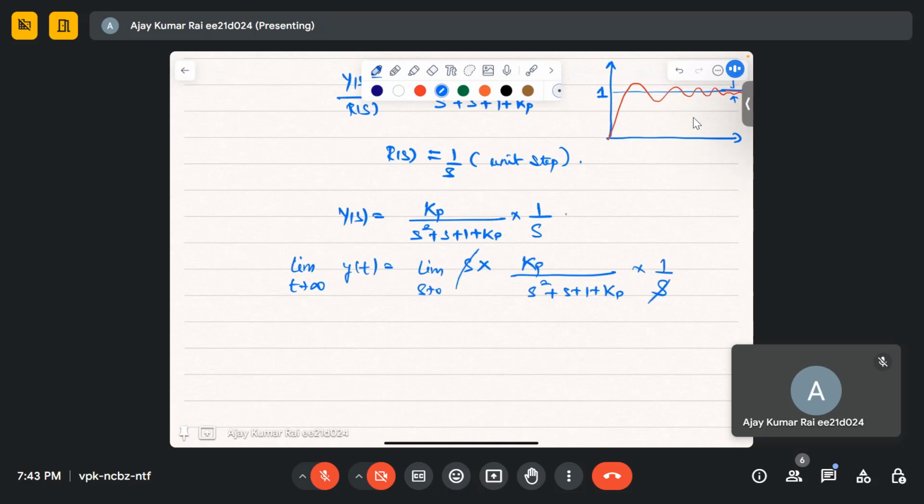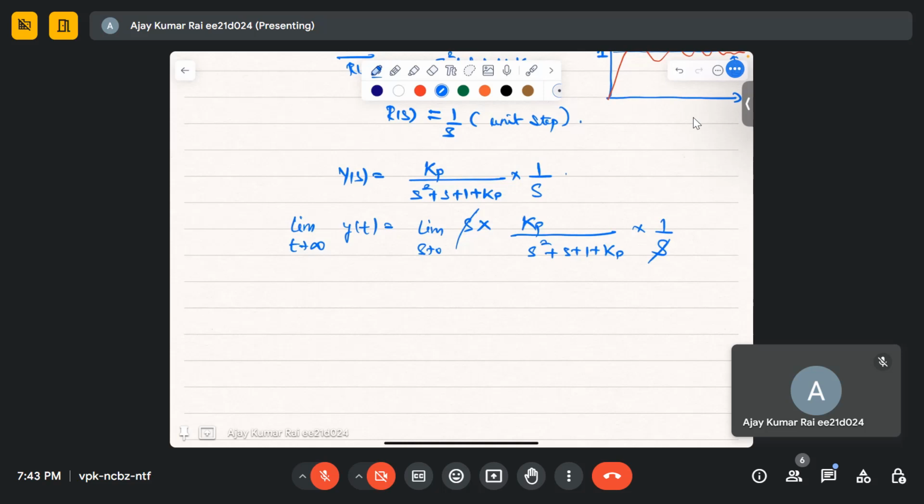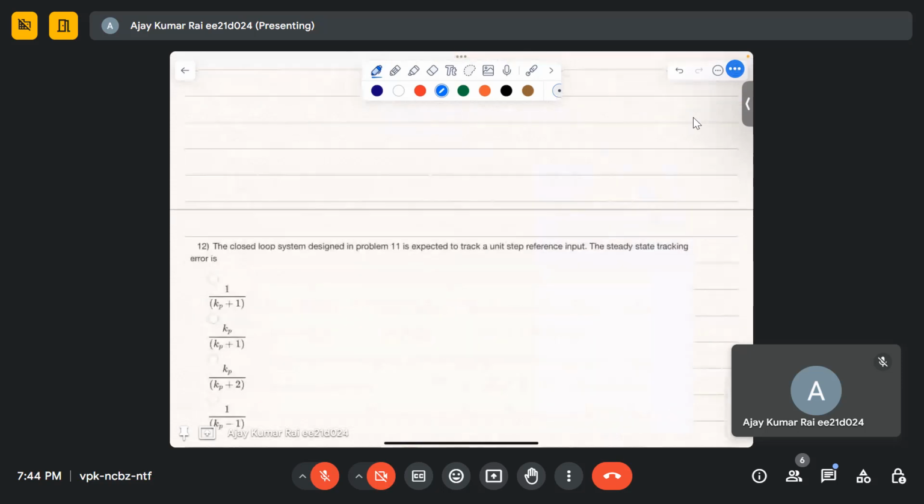The s gets cancelled, just put the limit. So we get Kp by 1 plus Kp. This is the steady state value for unit step input.